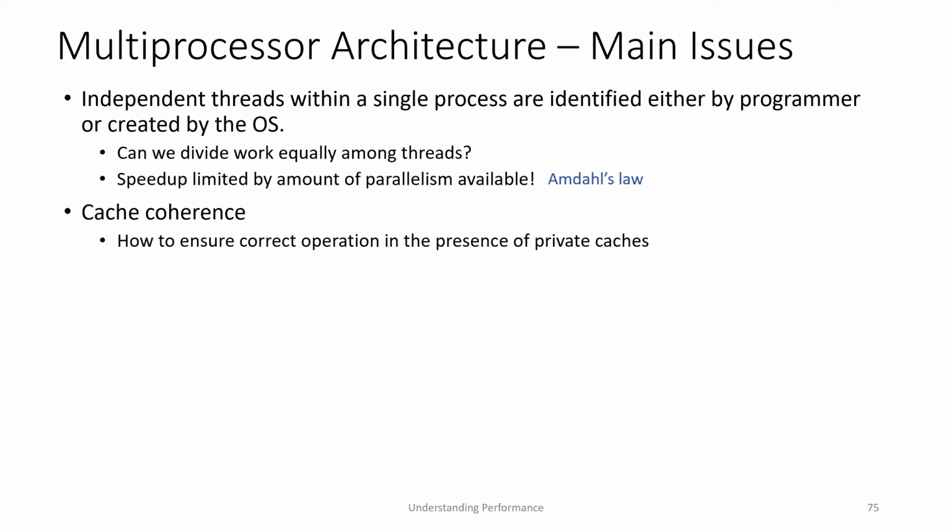Okay. Now on the cache front, we have a new issue which is called cache coherence. Because multiple threads are running on different processors, and each can modify the data in its private cache, how does that get reflected to the other cores? That is a bigger issue. And then we have the memory consistency issue, meaning that a particular data item has been updated by, let's say, processor 1 and processor 2.